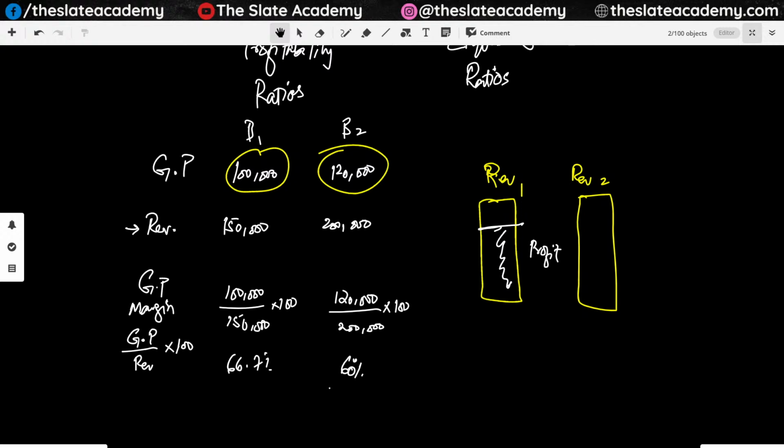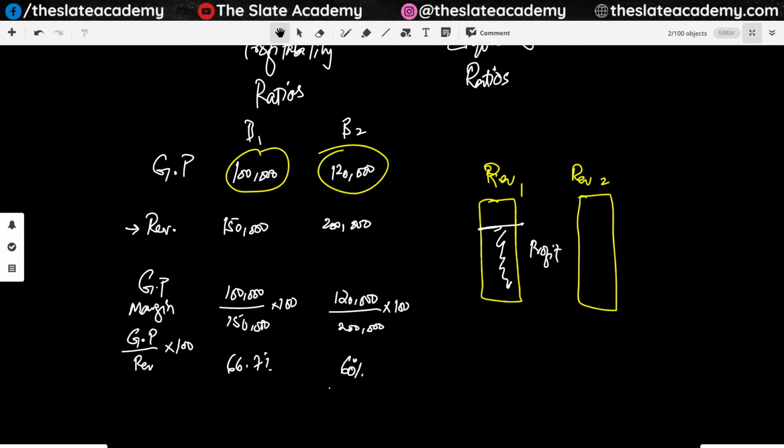So for the operating profit margin, the name tells me that if gross profit margin was gross profit over sales into 100, the operating profit margin will be operating profit divided by revenue into 100, right?